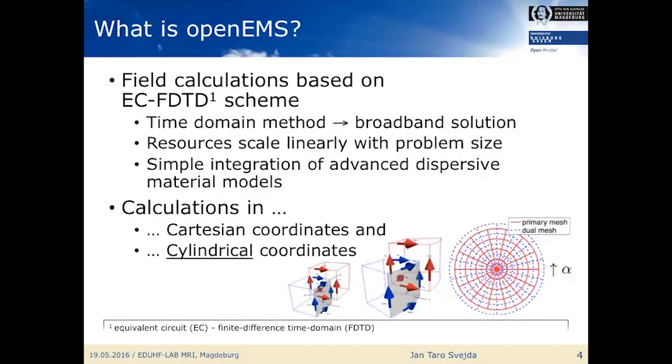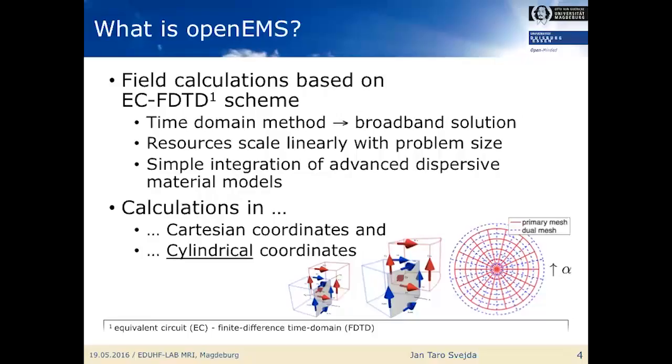The calculations are based on the EC-FDTD scheme. This stands for equivalent circuit finite difference time domain. So we have a time domain method. Therefore, if we have an excitation with one pulse in the time domain, we get directly a broadband solution, if you like. Another advantage compared to FEM is that the memory consumption scales linearly with the problem size.